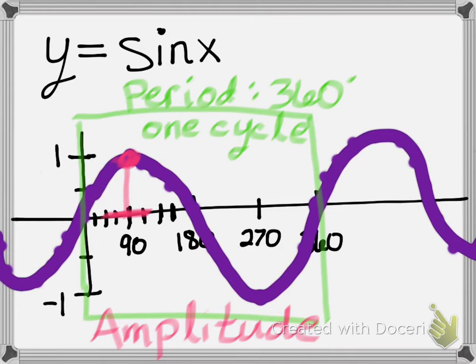And that's the amplitude. We'll use a capital A to denote that. And we can also do that with the other point here. Now that distance is -1, but we don't talk about distance as being negative. So amplitude, we always find that as the absolute value of whatever A is. So either of those could be the amplitude.